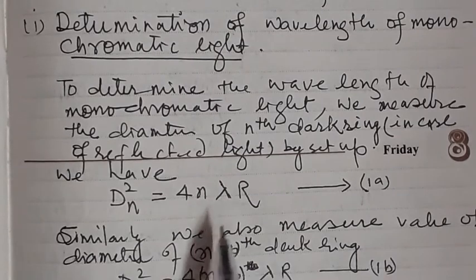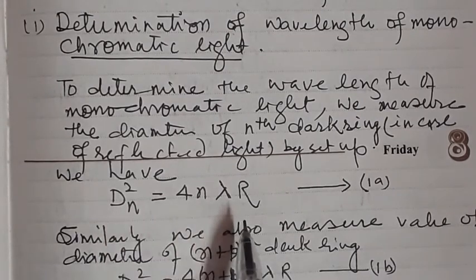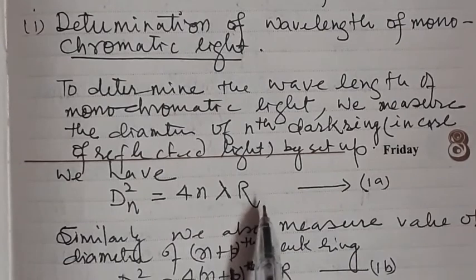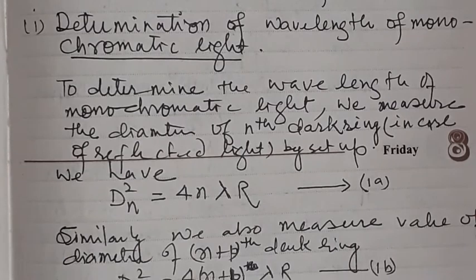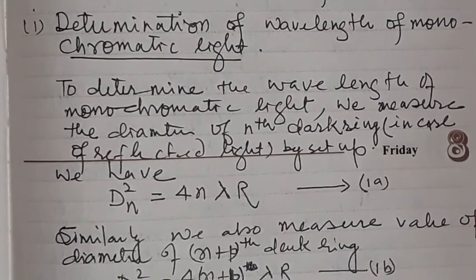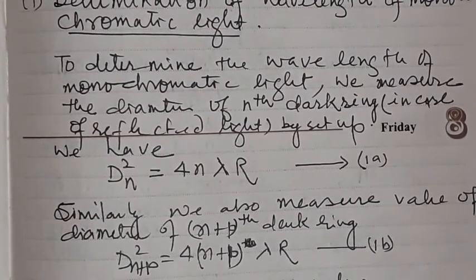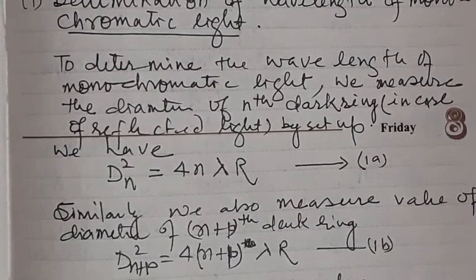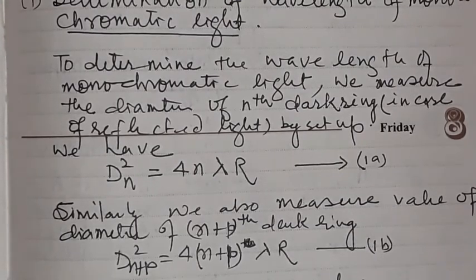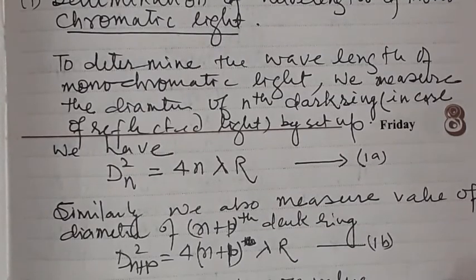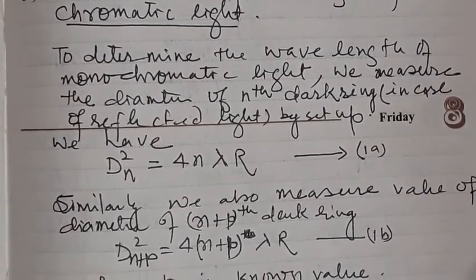Now, after knowing the value of Dn and capital R, we calculate the diameter of the n plus pth ring in the same way as calculated for the nth ring, where p is known.